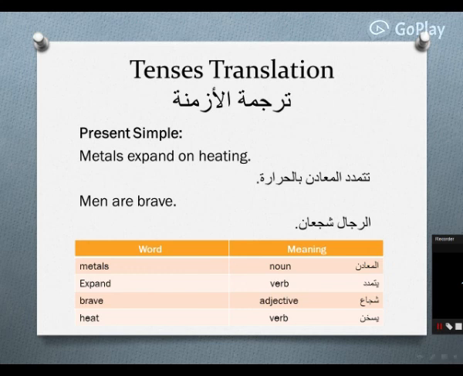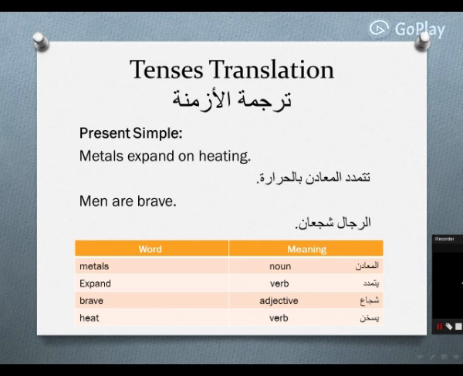So, to make the translation more understandable for the Arabs, we substituted the verb with the noun. Instead of saying the verb heat, which means يسخن, we said حرارة, which means temperature. So, تتمدد المعادن بالحرارة.